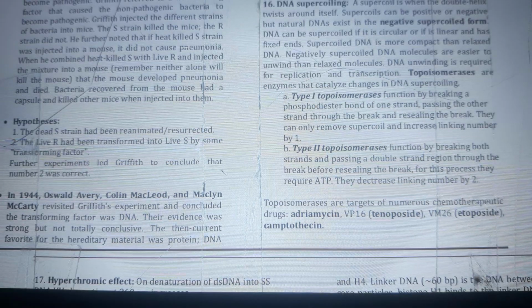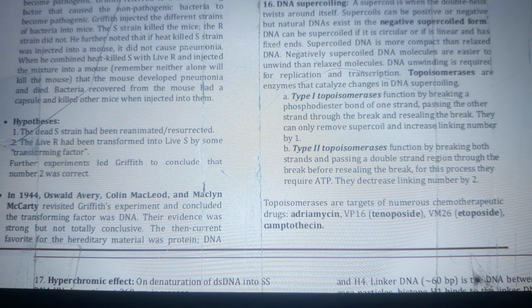Topoisomerases are enzymes that catalyze changes in DNA supercoiling. Type 1 topoisomerases function by breaking a phosphodiester bond of one strand, passing the other strand through the break and resealing the break. They can only remove supercoils and increase the linking number by 1.